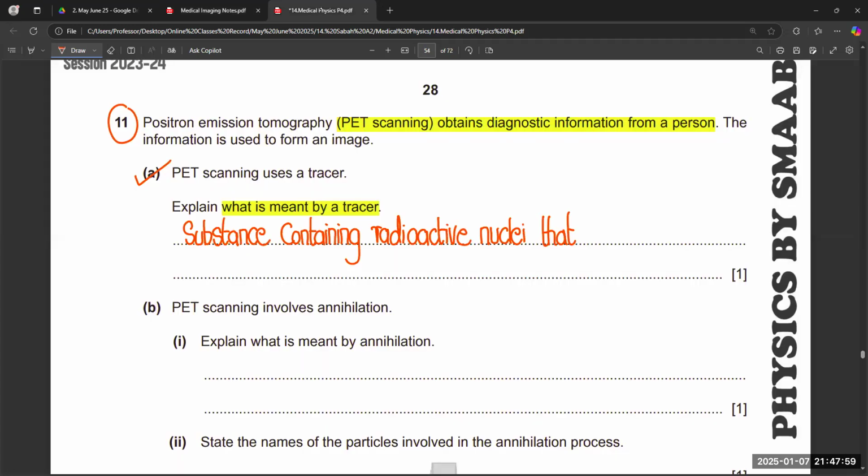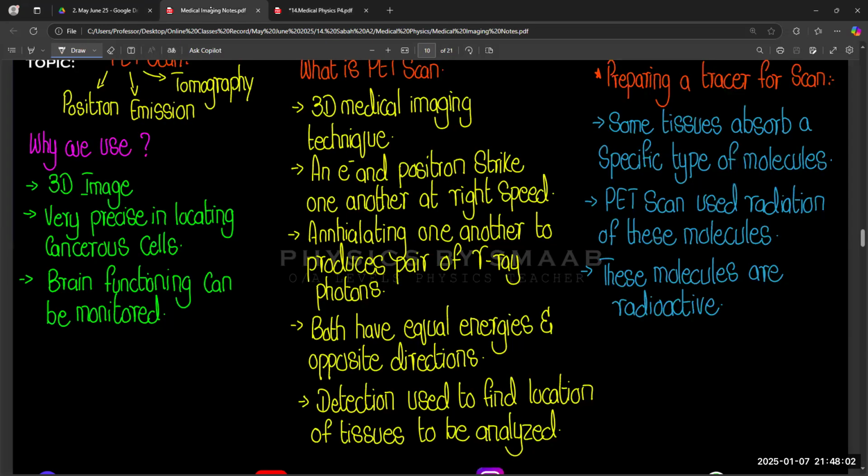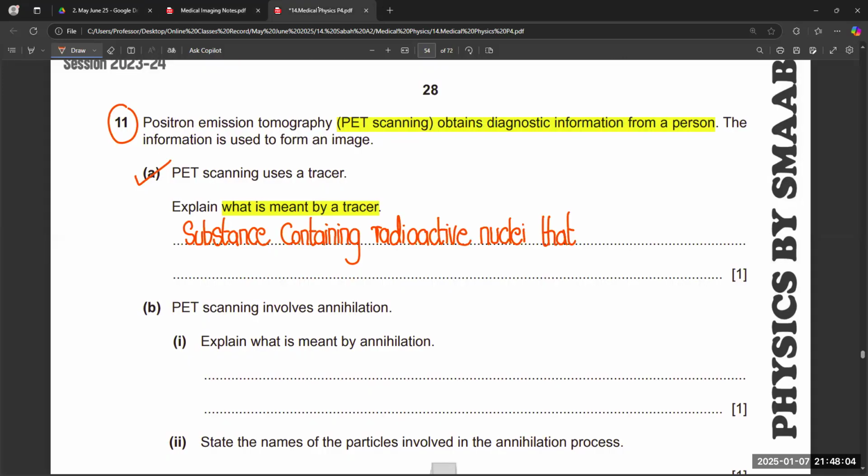It will be easy for you to identify which point links with this first part of the question. So that is absorbed by tissue.